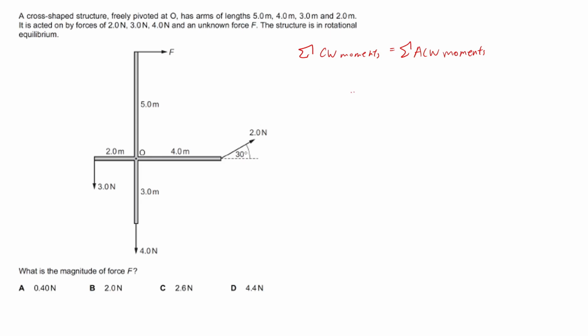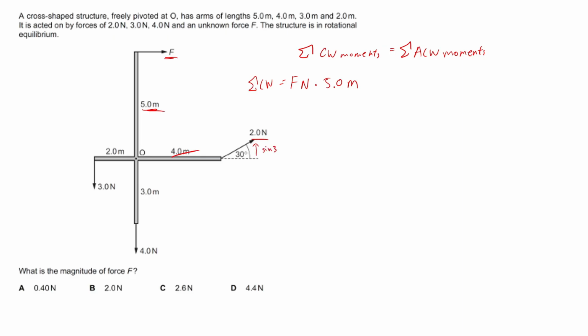Okay, so for this first one, we have F and 5.0 meters. So we get F newtons times 5.0 meters. This is assumed to be part of the clockwise moments. And then let's go to the next one. So we see that there's actually an angle here.